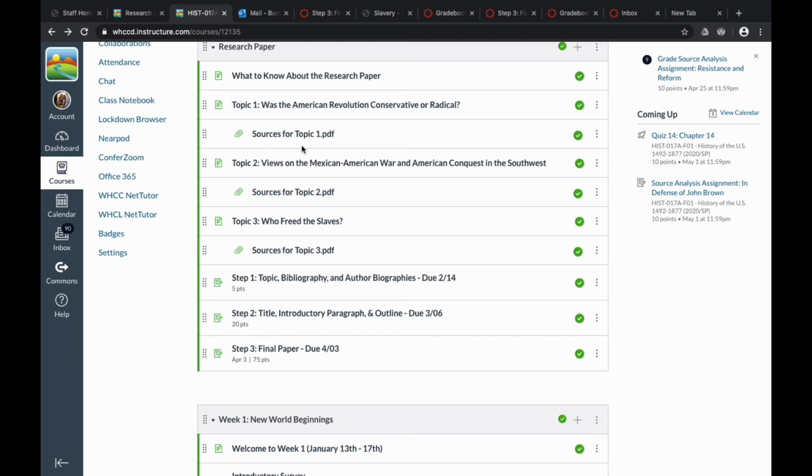If you demonstrate in your paper that you have thoroughly read and understood your topic's prompt, and you have thoroughly read and analyzed and discussed in your paper every one of your required sources, you're going to do just fine on this paper. All right. But if you leave sources out, or you don't address all of the points on your prompt, then obviously you will not do as well on this paper.